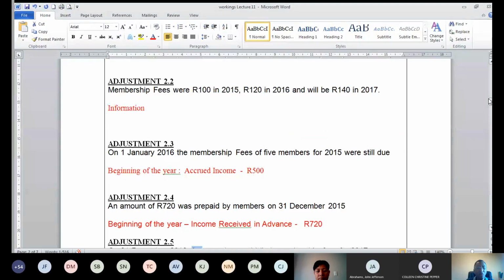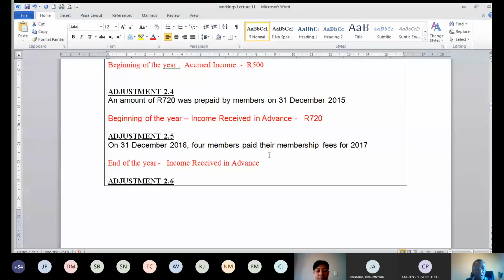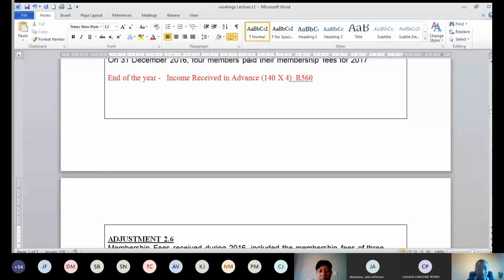Go to your information under 2.2, when we are talking about the 2017 membership fee, guys, you will recall that the information is that in 2017, a member must pay 140 Rand per member. So if you are going to do the calculation now, 140 Rand per member, we have got 4 members that must pay us, and therefore the income received in advance at the end of the year is 560 Rand. 560 Rand, guys.